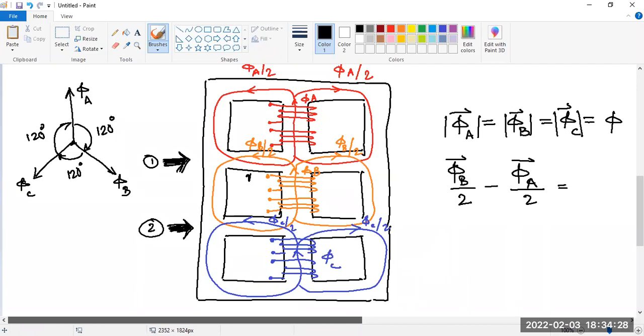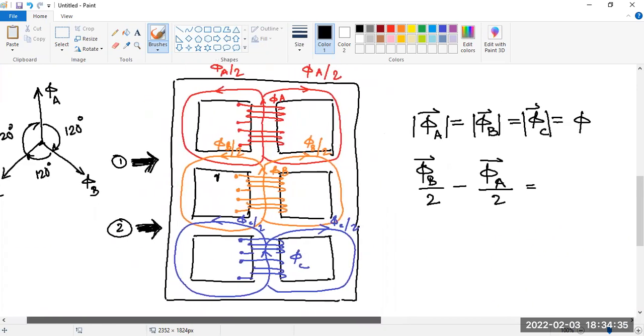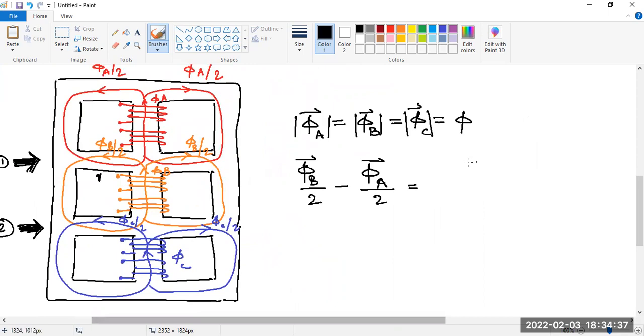Suppose my phi A is the reference. Then it will be phi angle 120 degree minus phi angle 0 degree. It's lagging, no? Yes, sir, lagging.